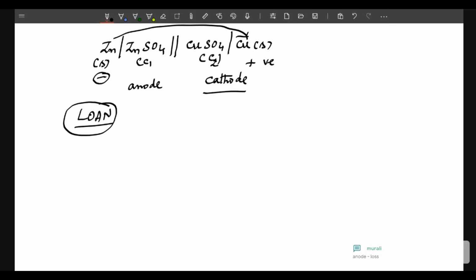Tell me, anybody? Nobody? Which compartment? In the anode compartment there is a loss of electrode weight. Here zinc is dissolving into zinc 2 plus ions, therefore the zinc weight is decreasing. In the cathode, copper 2 plus ion is converted into solid copper deposited on the copper electrode. Therefore its weight is increasing.